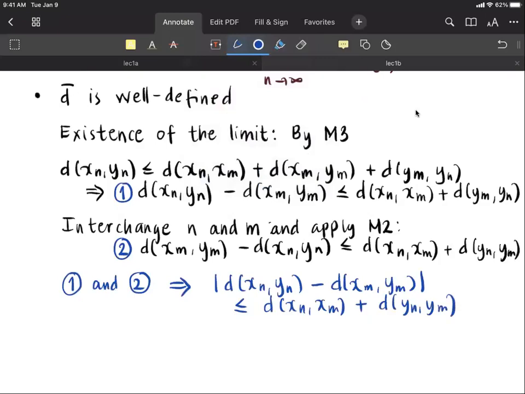And take note that xn and yn are Cauchy sequences, so this tends to 0 as m and n tend to infinity.